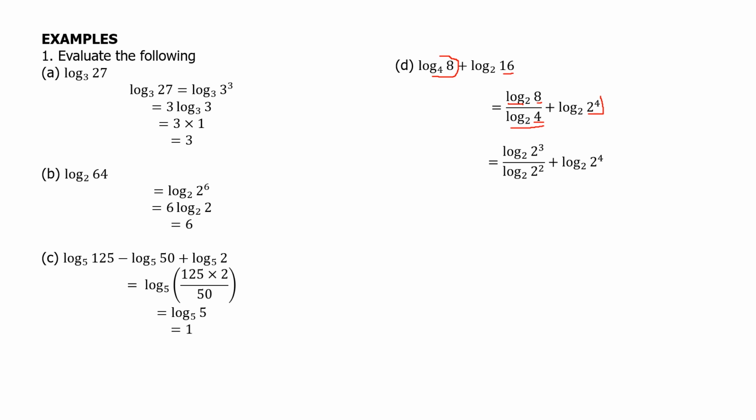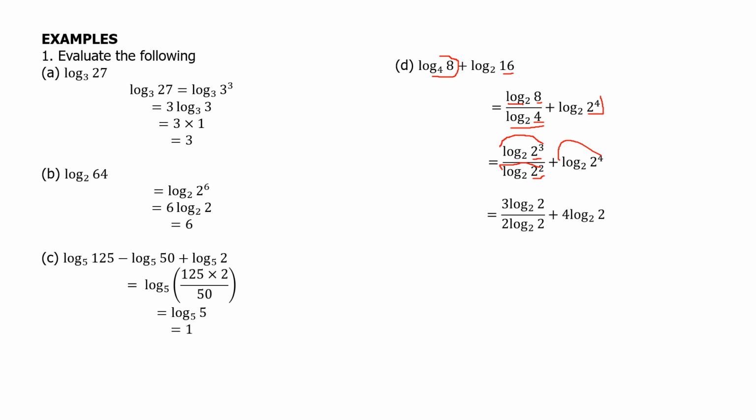So prime decomposing 8, we have 2 power 3. Prime decomposing 4, we have 2 squared. Now the next step, these figures are going to somersault there. Even this one is going to multiply there, and even that one is going to come and multiply there.